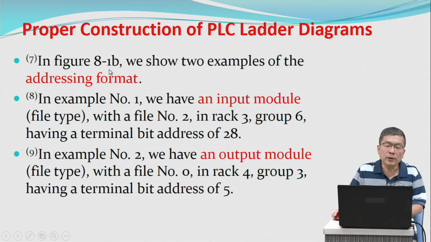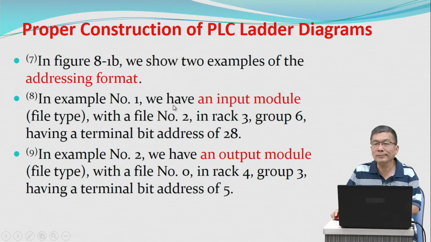In Figure 8.1b, we show 2 examples of the addressing format. In example number 1, we have an input module, file type I, with a file number 2 in rack 3, group 6, having a terminal bit address of 28.